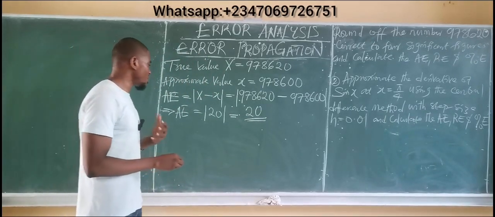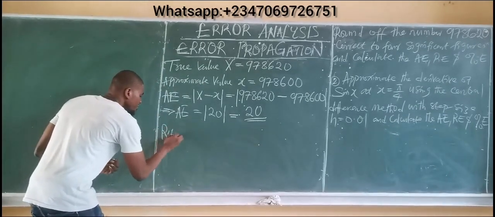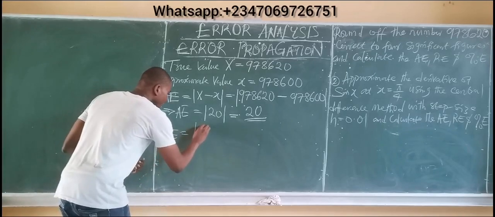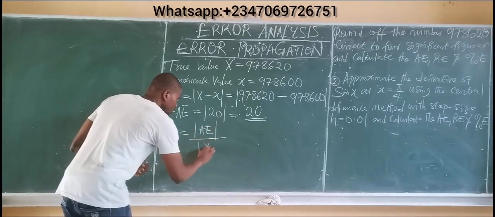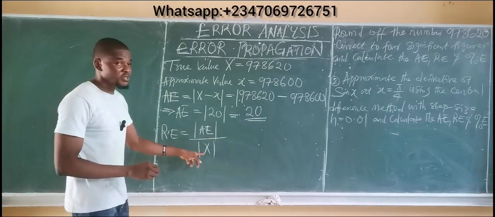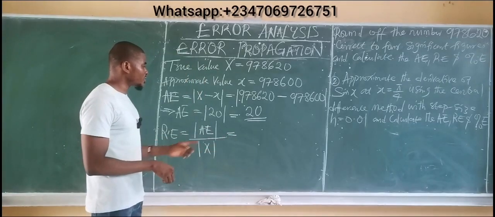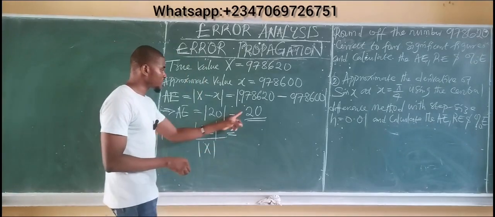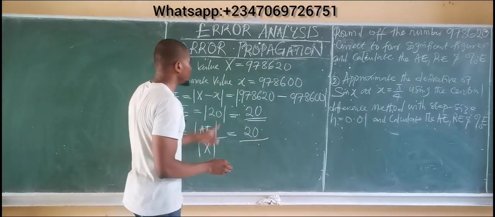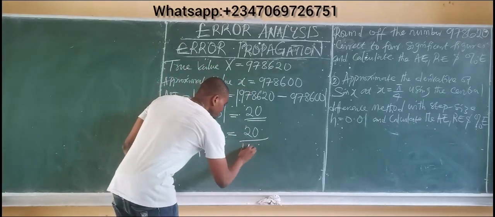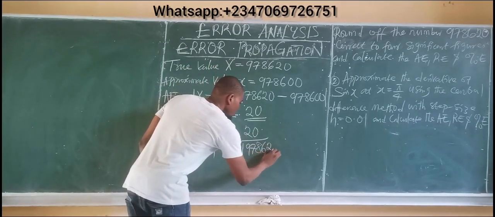Now the next question says we should calculate the relative error, and I said relative error is given simply as the modulus of the absolute error divided by the modulus of the true value, capital X, where capital X represents the true value. So this is going to be equal to the modulus of the absolute error, which is simply mod 20, and mod 20 still remains 20, divided by modulus of the true value, 978620.